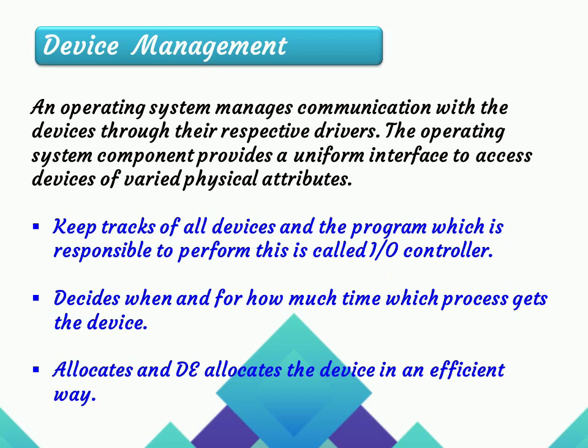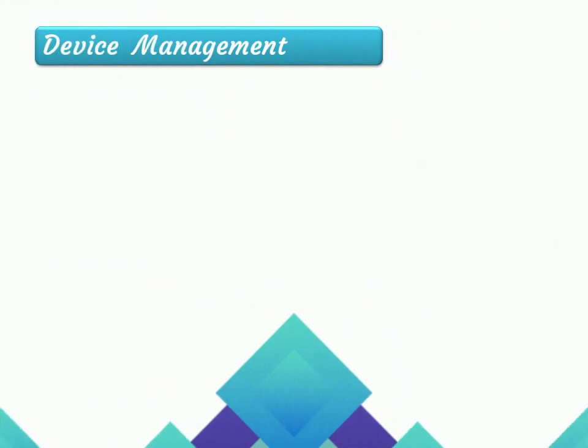Next, it decides when and for how much time which process gets the device. Next, it allocates the device in an efficient way. And also, it deallocates the device when the process is not in use. So next, we'll see a picture.